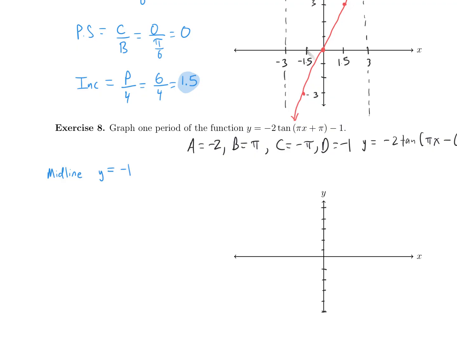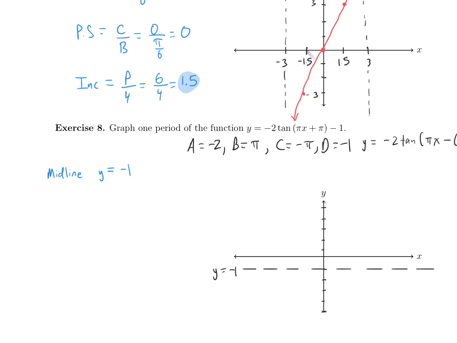Okay, so we got our midline, y equals -1.